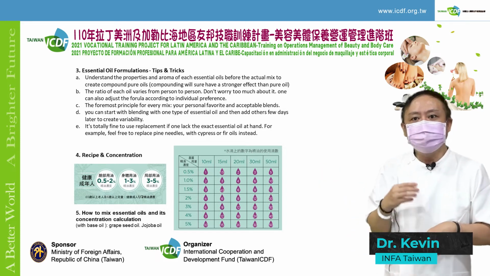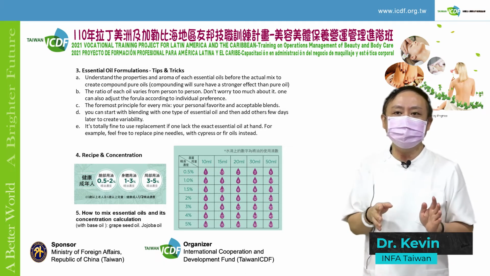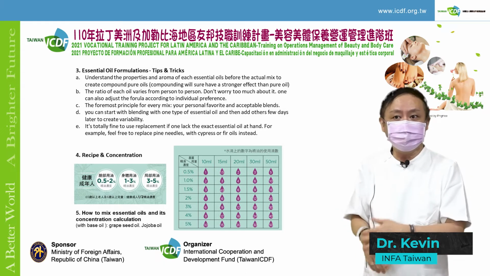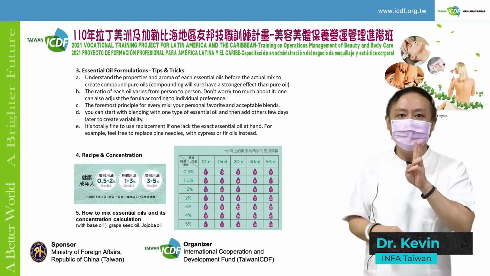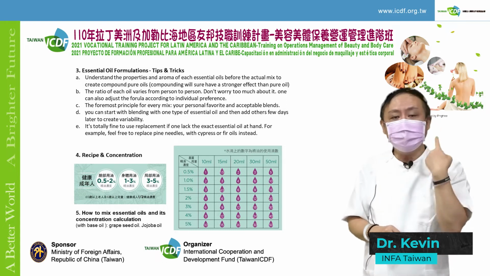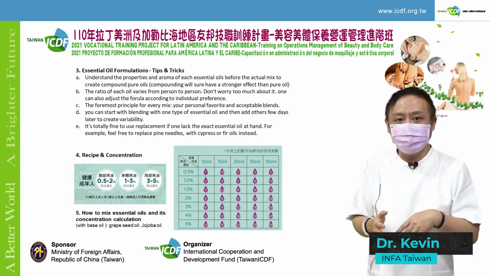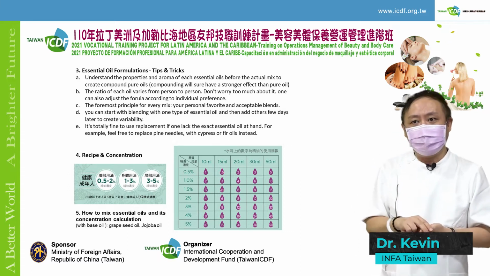For your face, no more than 2% concentration of essential oil, so maybe 1 to 2%. For your body, it can go up to 3% because there's a lot of area. And for smaller areas, you can use 3 to 5%. For air purifying, we will show you how to mix them together.